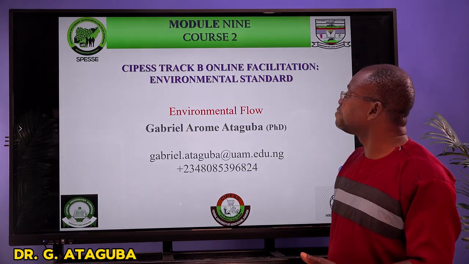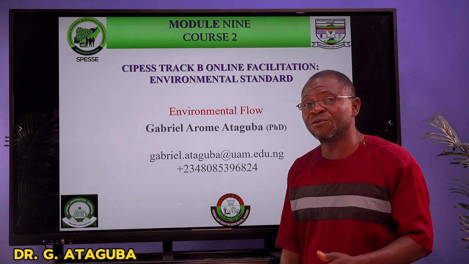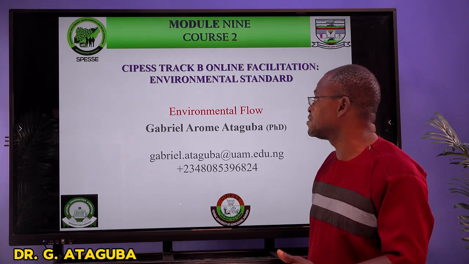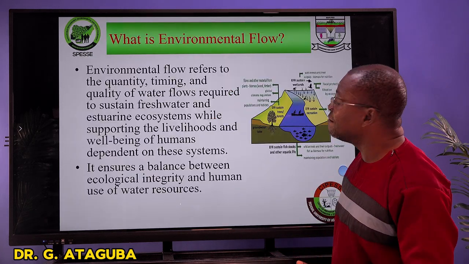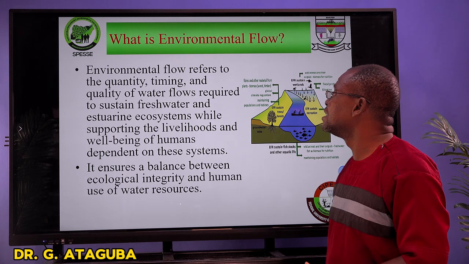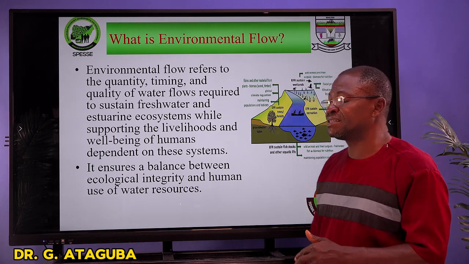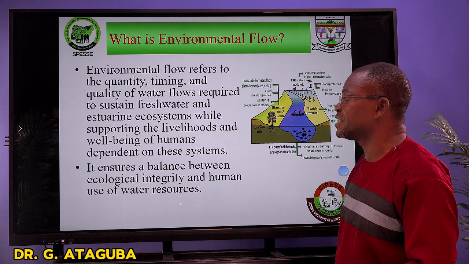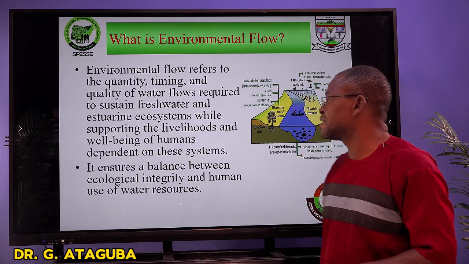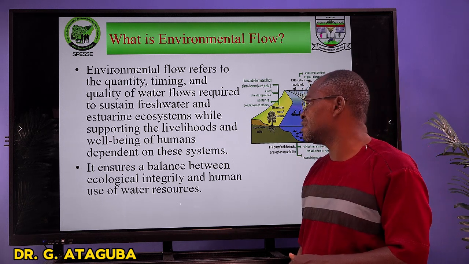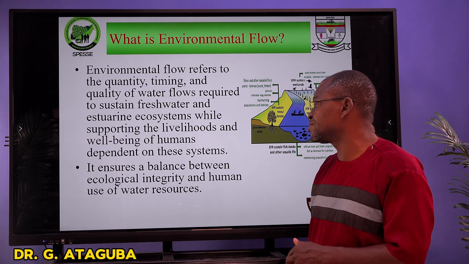So moving forward, we'll now look at environmental flow, which is part of the natural resources that we have. Environmental flow basically deals with the quantity, timing, and quality of water flow that is required to sustain freshwater and estuarine ecosystems that support all our livelihoods as we are dependent on the natural systems.